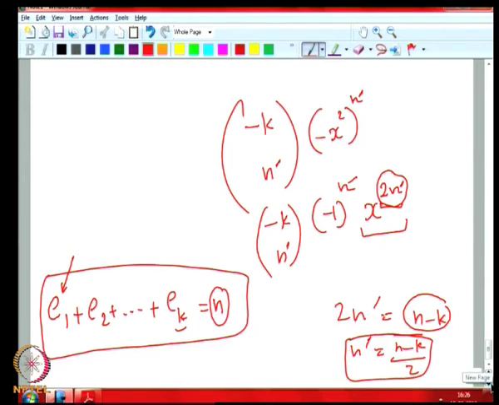On the other hand, if k was an odd number, then n is going to be odd, because an odd number of odd numbers add up to an odd number. So n minus k is going to be again even, because this is an odd number and this is an odd number. So n minus k by 2 is again an integer n dash, and we can find the coefficient for that.